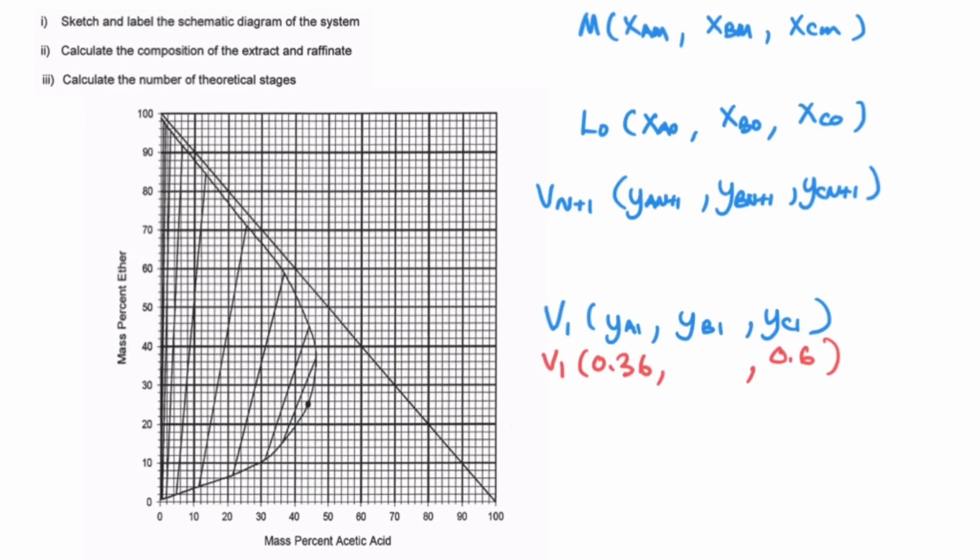Based on the data that we have, you can plot the coordinates for M, the coordinates for your feed, which is L0, and the coordinate for your solvent, which is Vn plus 1. You need these three coordinates, M, L0, and Vn plus 1.